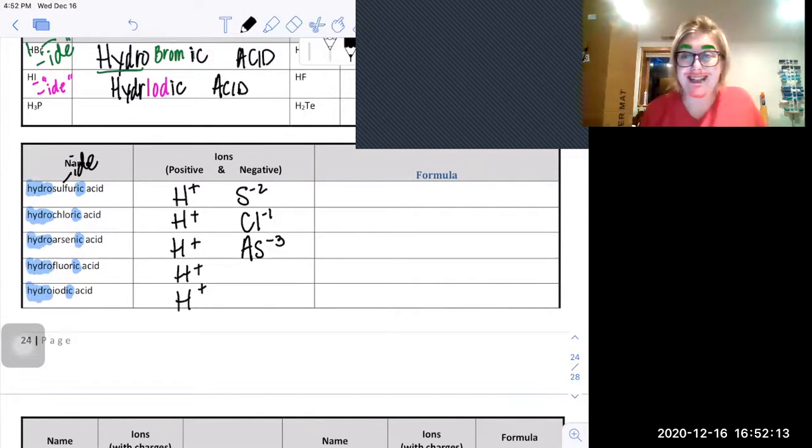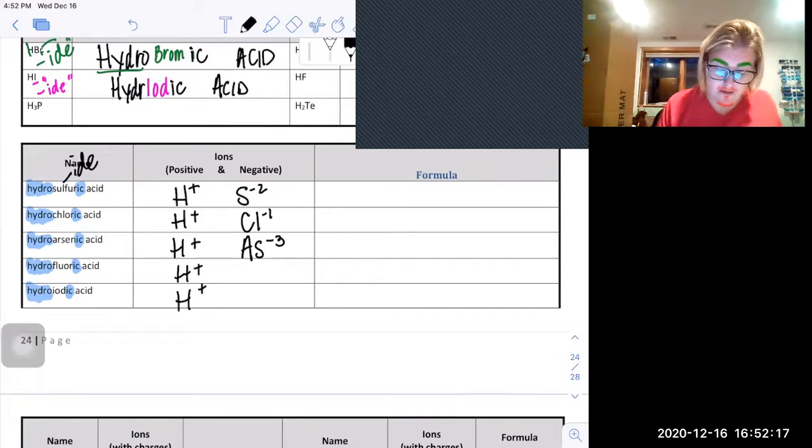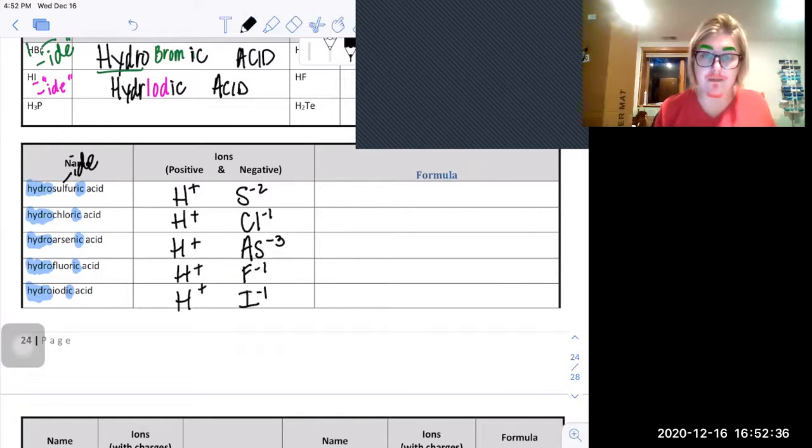Moving on, fluoric used to be fluoride, so that would be an F with a -1 charge. And hydroiodic acid used to be iodide, so that would be I with a -1.